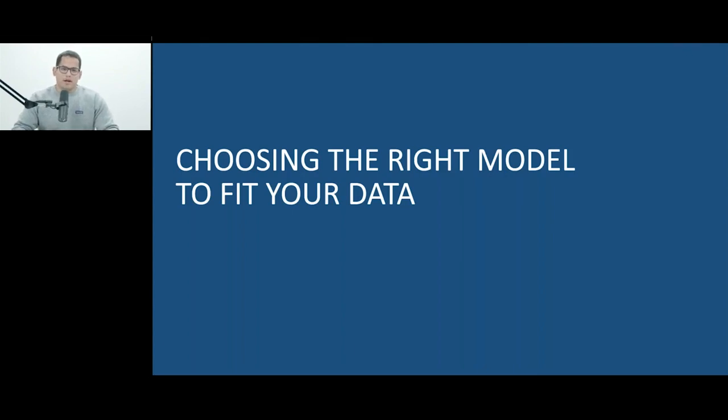And one of the things that I think is really important to understand is it's great that we have these tools, but it's really important to understand how to use the models and which models are best for your data. So I'm going to talk a little bit about how these models behave and how to optimize and choose the right model for your data.